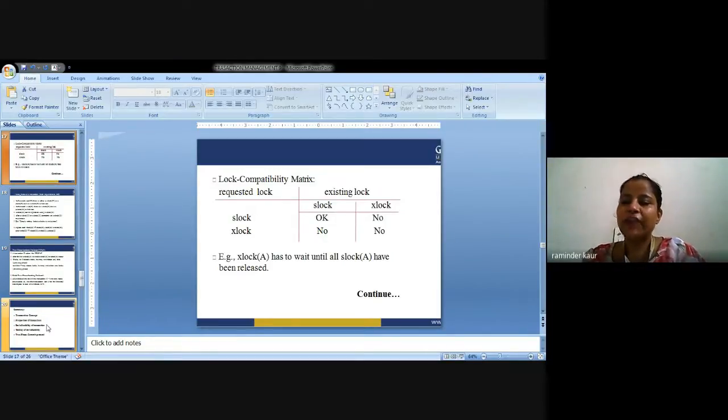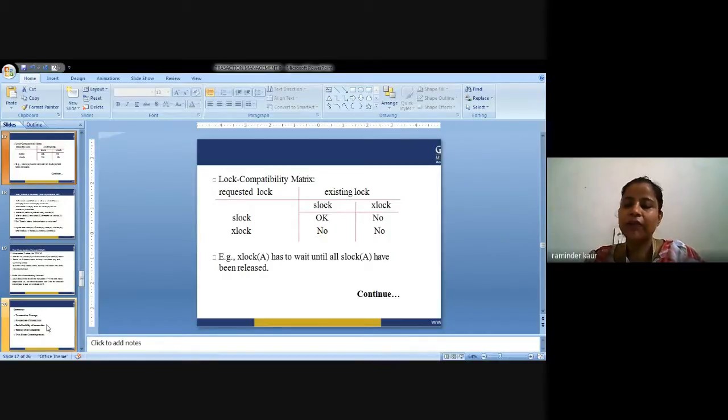First, a transaction must issue the read lock before any read item operation is performed in T. Next, a transaction must issue the write lock before any write item operation is performed in T. Next, a transaction must issue the unlock item after all the operations are completed in T. Next, a transaction will not issue a read lock operation if it already holds a read or write lock on the item.